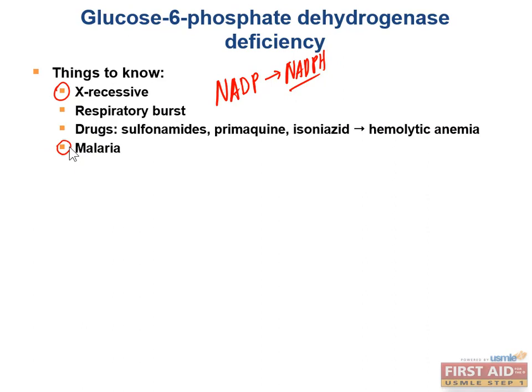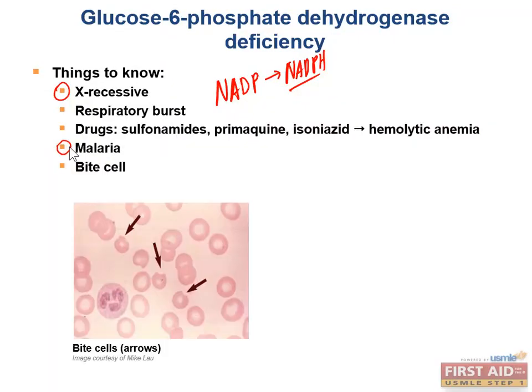How will you be tested on this G6PD? One way that boards love to present this is by showing a slide depicting these bite cells. Bite cells, which are indicative of G6PD deficiency, are red blood cells that have bites taken off of them. Now, why in the heck would a phagocyte bite off parts of a red blood cell?